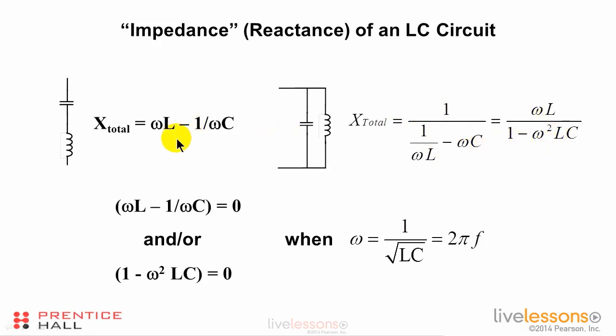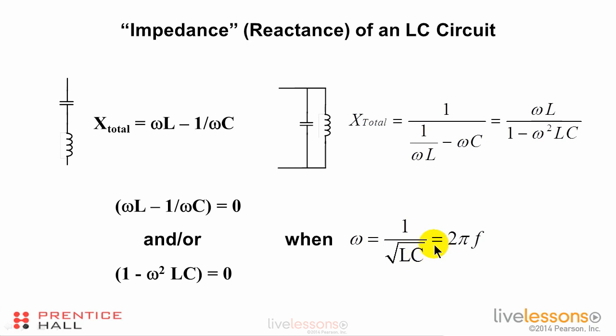If we look at setting these terms to 0, set this term to 0 right there, or set this denominator to 0, which is this expression right here, set to 0, either one of these two cases is satisfied when omega equals 1 over the square root of L times C.